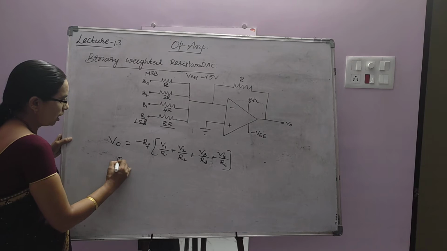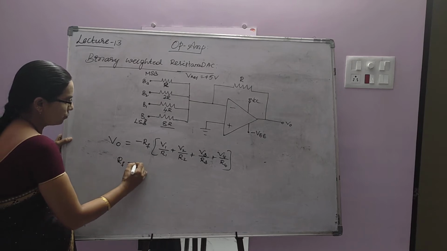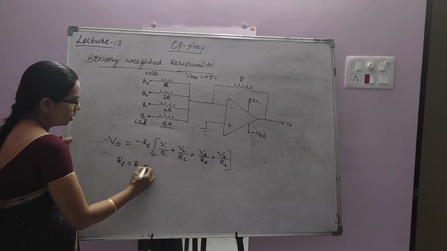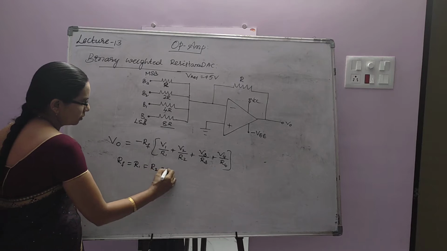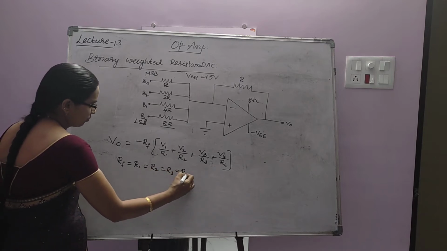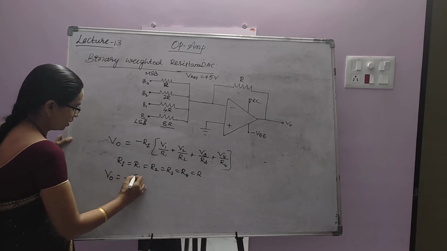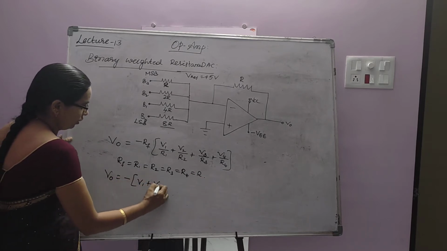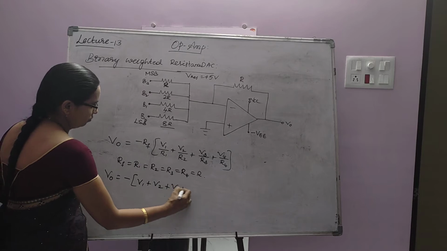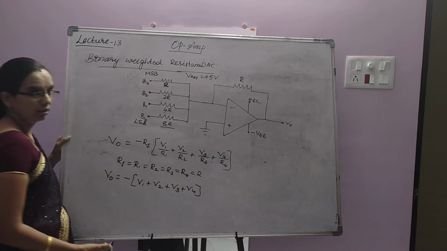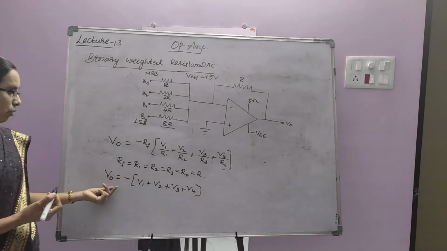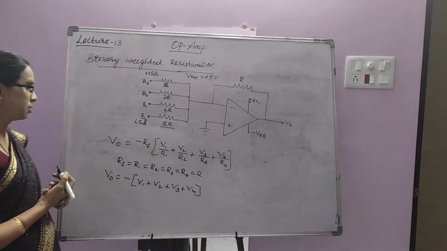If I make RF equal to R1 equal to R2 equal to R3 equal to R4 equal to R, then V0 is equal to minus of V1 plus V2 plus V3 plus V4. That is, the output is equal to the sum of the inputs.